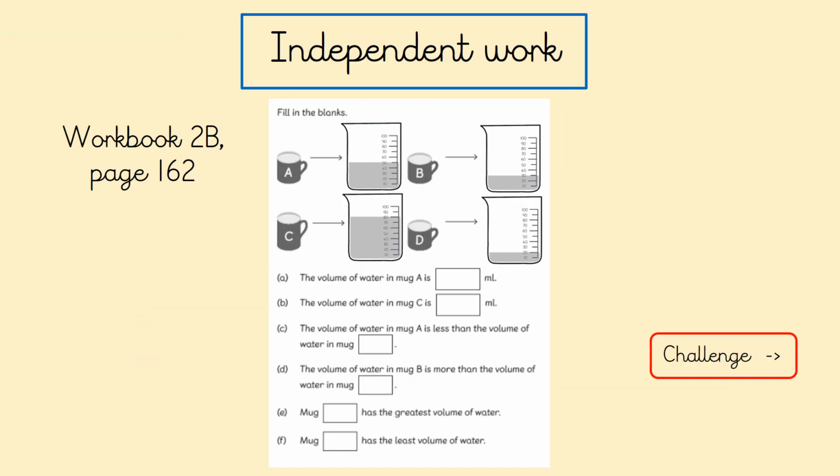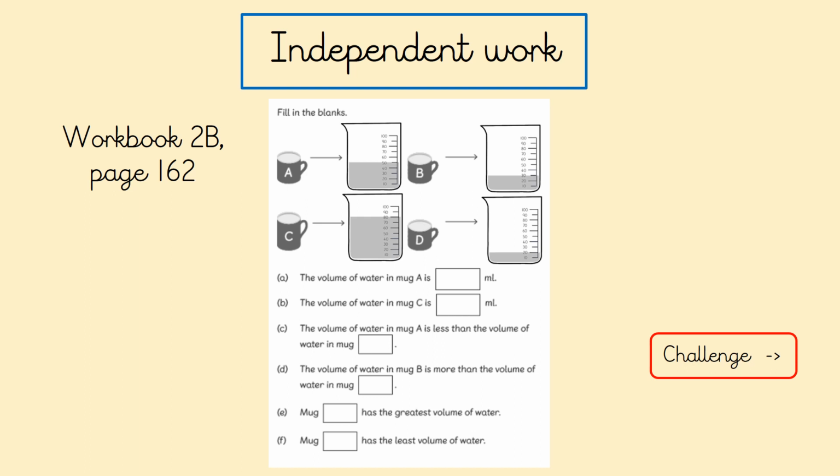For your independent work today, you'll be using your 2B workbook and we're doing page 162. As I said, I think a few of you still don't have your workbooks, so I've put this picture into the PDF file. And I've also changed the pictures of the measuring jugs so the scale is a little bit easier to read.